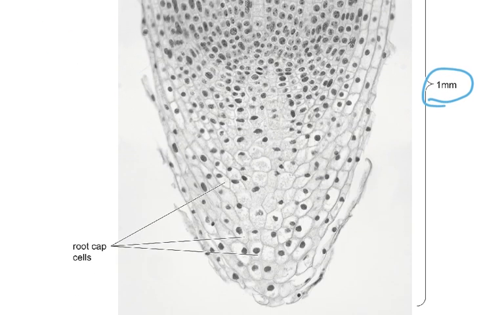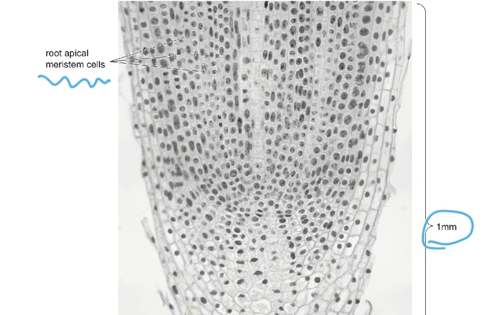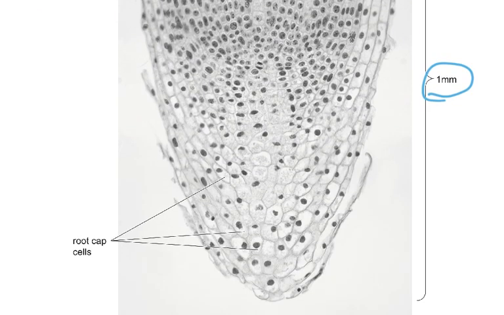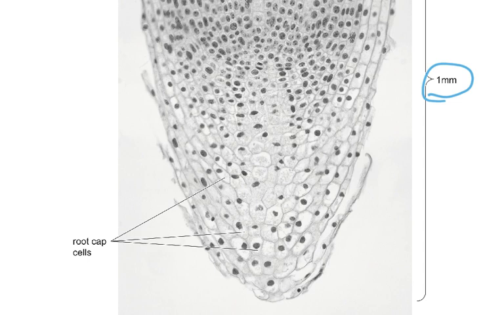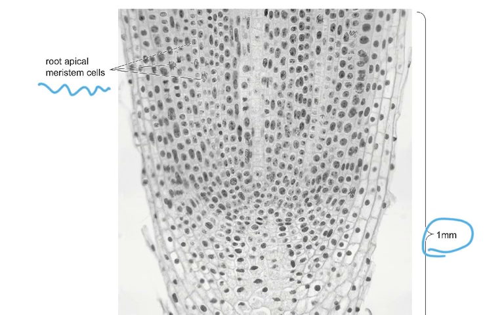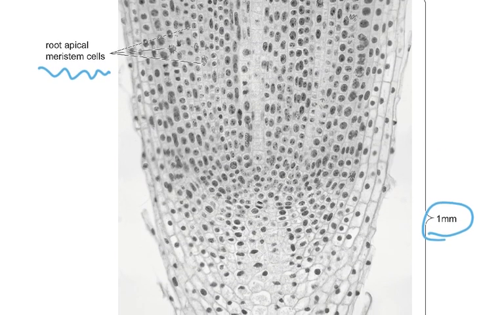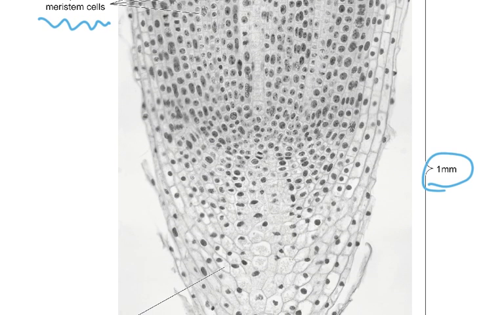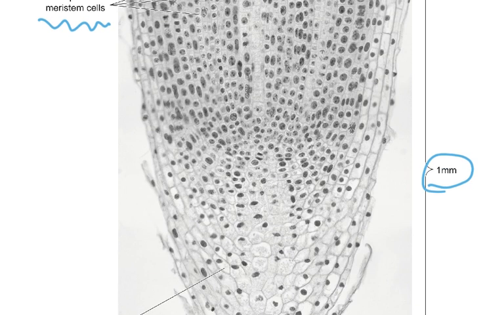Then generally the root apical meristem cells are smaller in size, and these are generally larger in size or more cytoplasm. Then less cytoplasm, more cytoplasm. Then you could have larger nucleus in proportion to size of the cell, smaller nucleus in proportion to the size of the cell. Then nucleoli prominent, nucleoli not prominent.